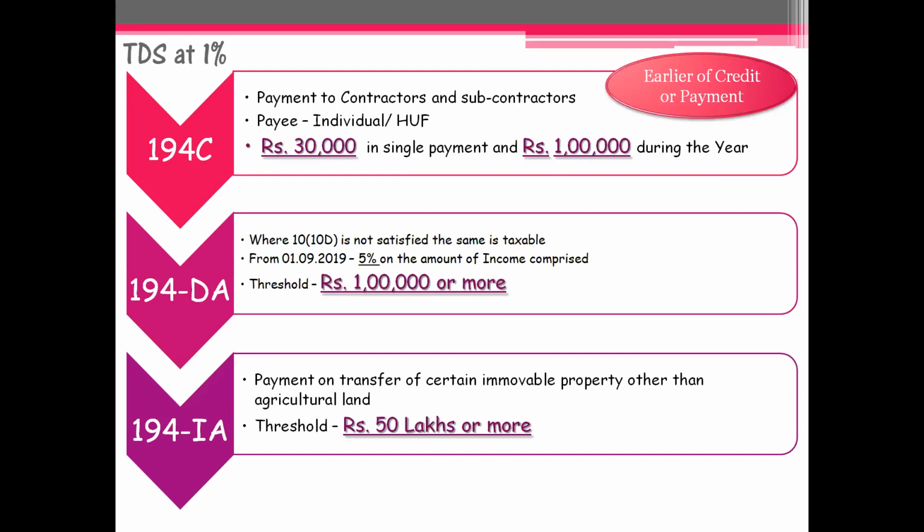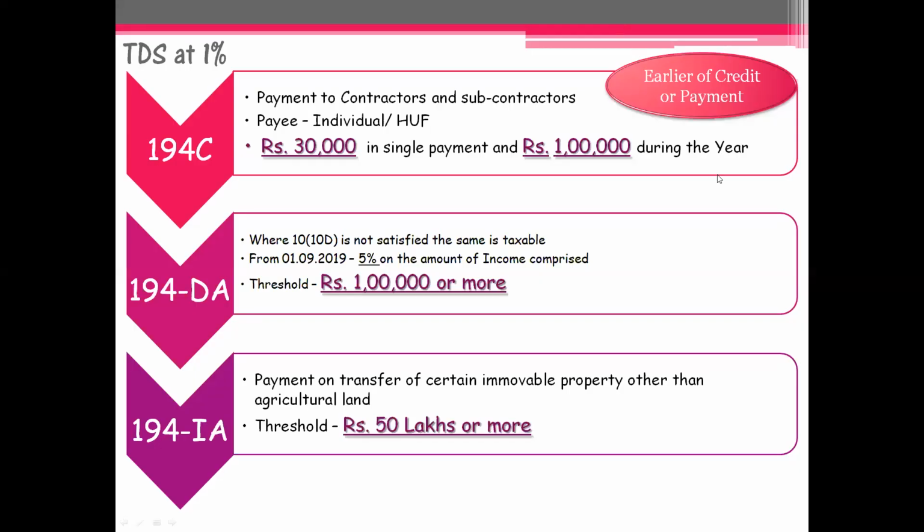Here the threshold, as I told before, is 1 lakh. So previously, this might be an important point to be noted, before this date it was 1%. However, after 1/9/2019, this is a change in the last financial year, it is 5%.